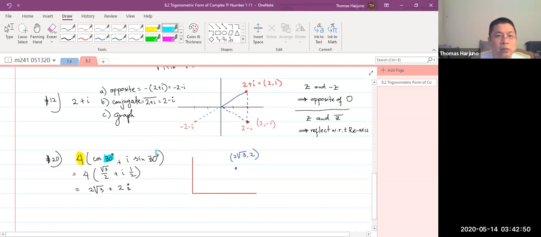This is the angle. Now suppose I draw a line from the origin to that coordinate. Then the 4 will be the length of this line, and 30 degrees will be the angle from the real axis. That's the relationship.